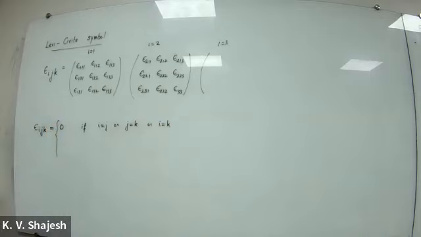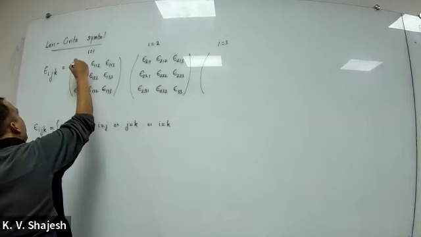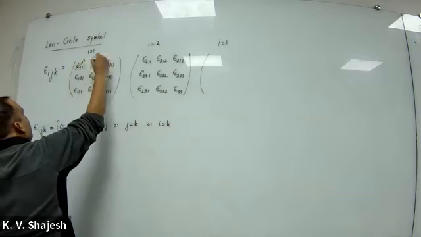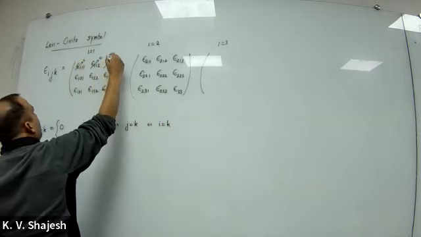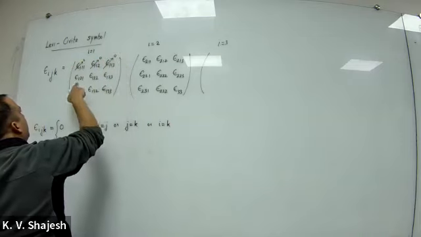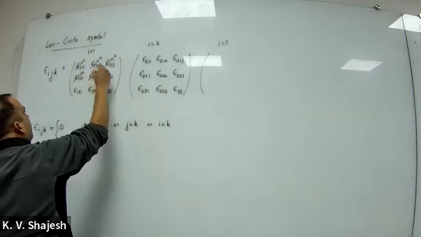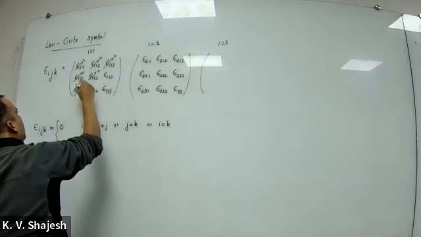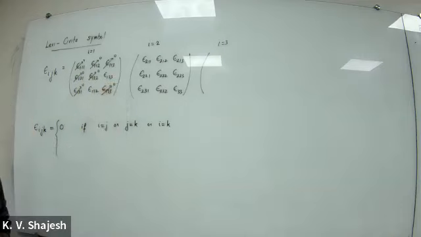That's one of the conditions, and you can see a lot of them are 0. This is 0, that's 0, that's 0. Where an index repeats, it's 0. Is that clear?